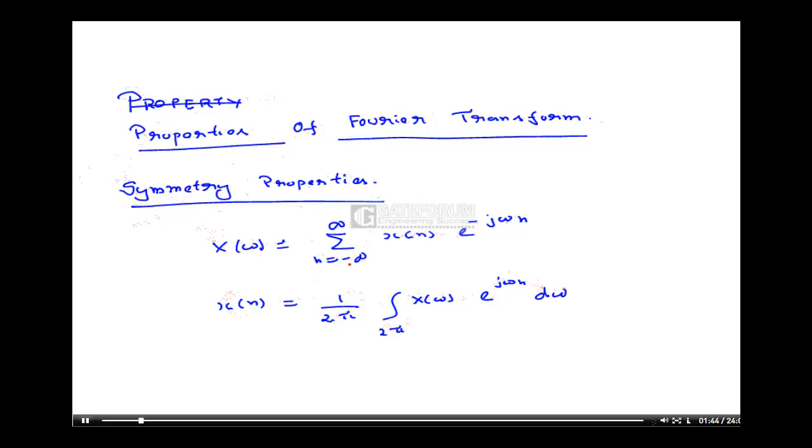Now if we assume that our signal x[n] is complex valued and X(omega) is also complex valued, then I can write x[n] as the real part of x[n] plus j times the imaginary part of x[n]. Okay.